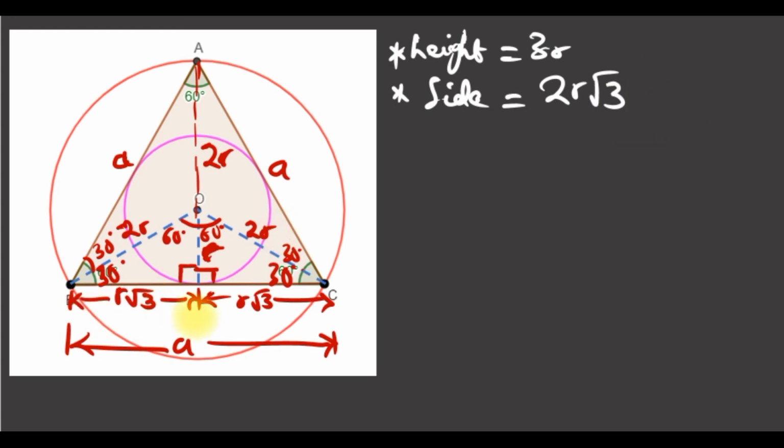Yes, if you add R root 3 plus R root 3, that gives the side of the equilateral triangle. So whenever an equilateral triangle is inscribed in a circle, we can relate the circle and the incircle. So let's finish up the equation.